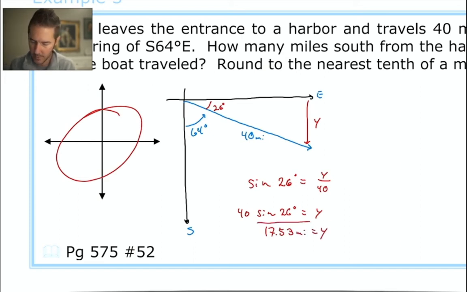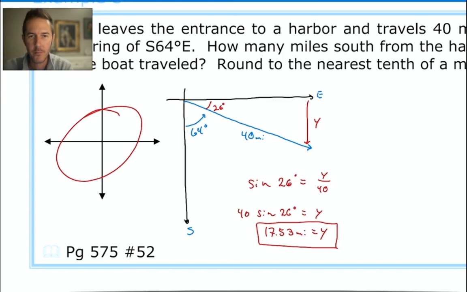And that is our distance in the southerly direction. And the next thing that we'll do is we'll finish solving for at least the side lengths of this triangle, and we'll find how far to the east our boat has traveled in its 40-mile journey.